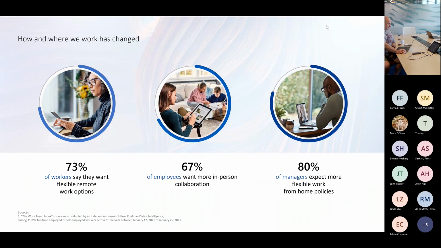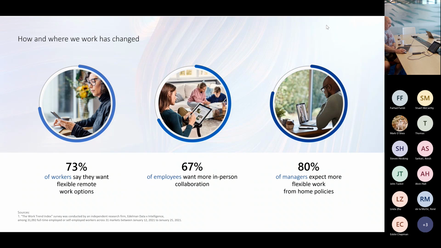And that brings us to some statistics derived from the Work Trend Index survey carried out by Microsoft, in which 30,000 people participated. It leads us to something called the hybrid paradox. 73% of the workers say they want flexible remote working options, which says a lot: out of 30,000 people, 73% said they would like remote working options.